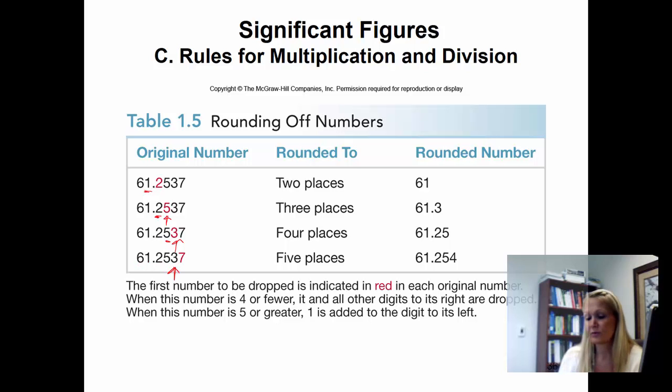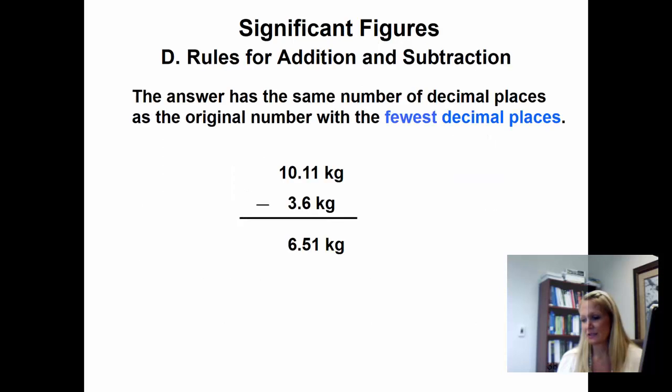I look at that 3, and next to it I have a 7. 7 is greater than 5, so I have to round up, and I get 61.254. This is just rounding, but it shows you how to do this when you have a certain number of significant digits to report your answer to. Alright, so let's do some practice.